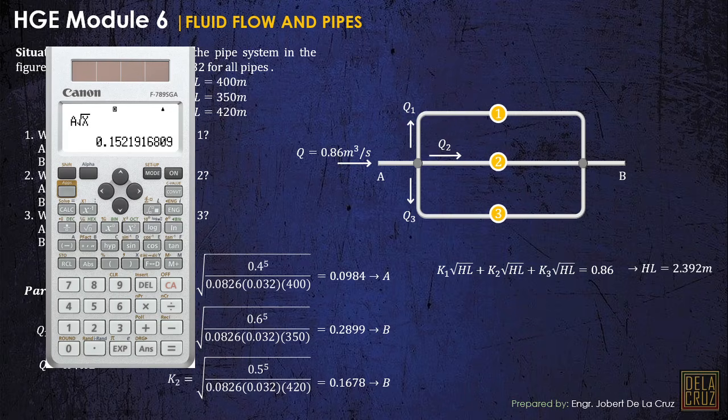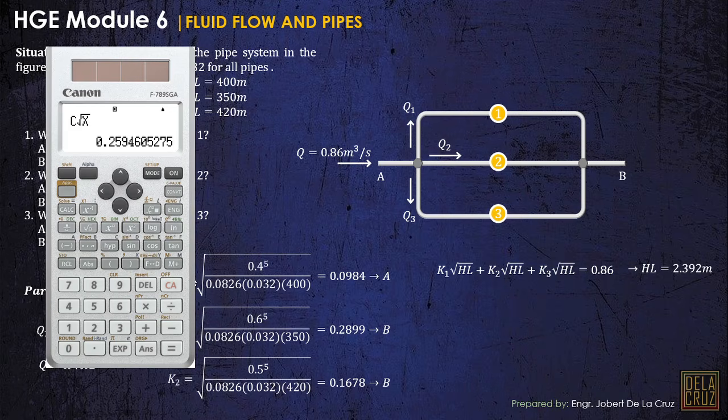That is 0.152 cubic meters per second. For B naman, i-change lang natin yan for pipe B. We have here 0.448. Okay? So, napakadali. For C, or for line 3, we have here 0.259. I hope kuha nyo. Napakadali pag ganito yung gagawin natin.